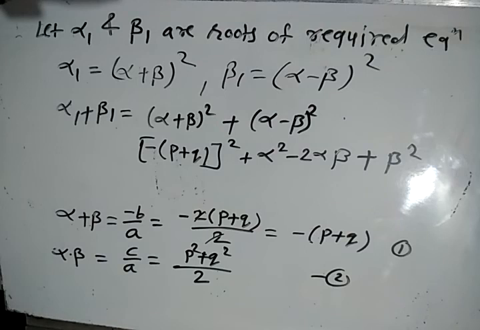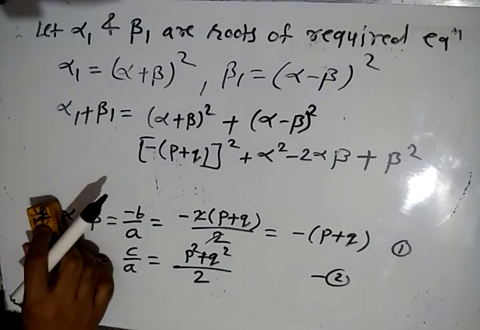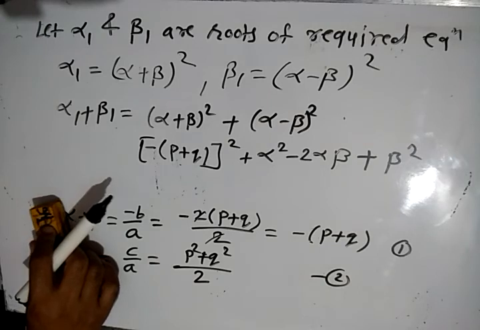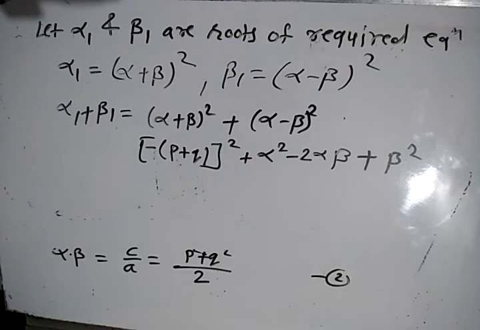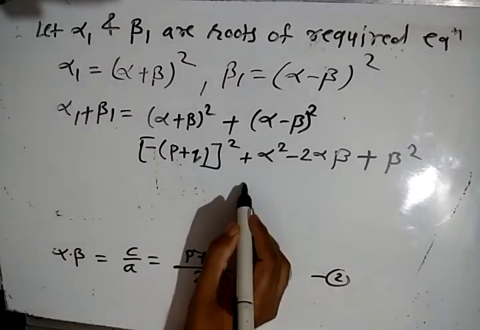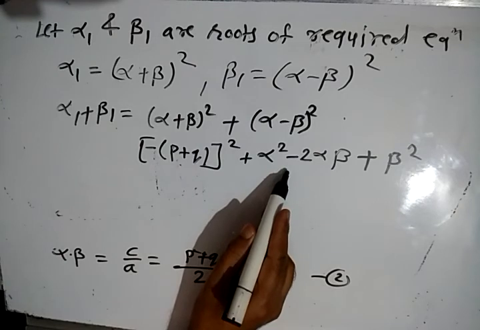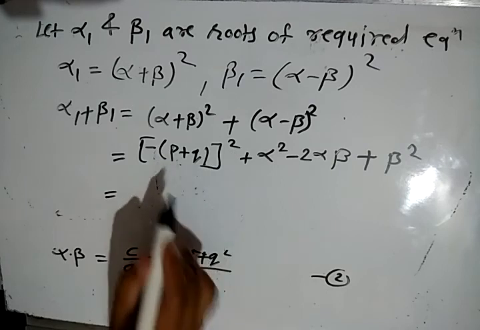Alpha square. Then here we know the value of alpha plus beta. Next step. Instead of this, you can also write the square of this.